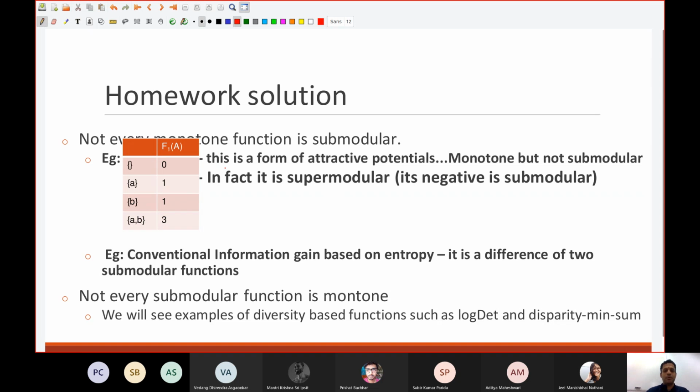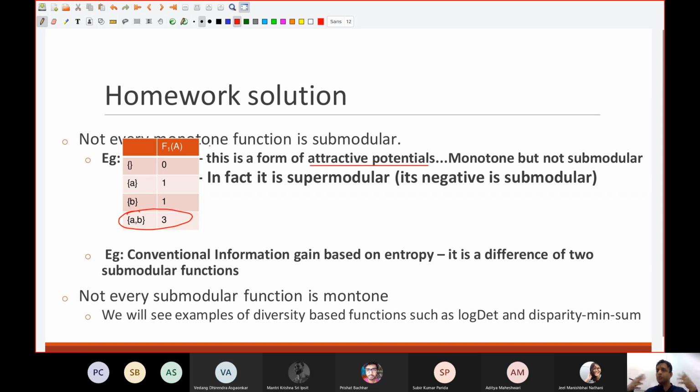In fact, this is a form of an attractive potential. We'll talk about this today. What's the attractive potential? If A and B come together, suddenly their value is greater than just having A or B alone. So the two are attracted to each other. It is monotone, it does increase, but it is not submodular.